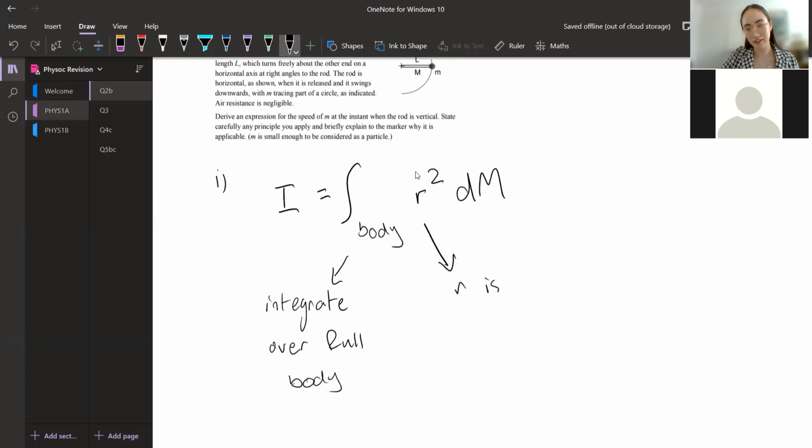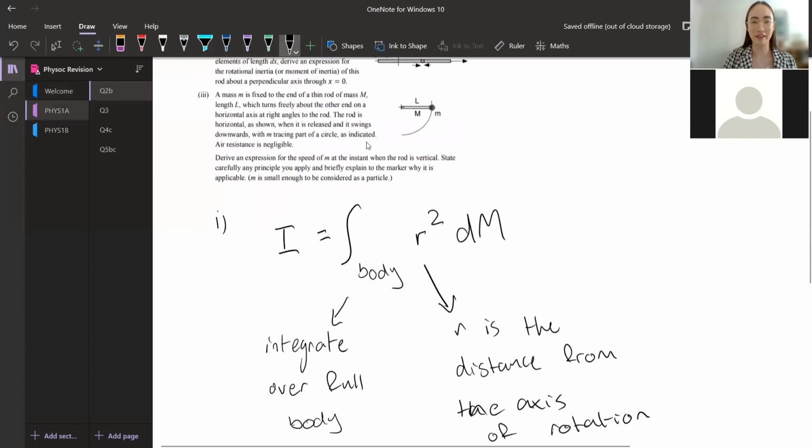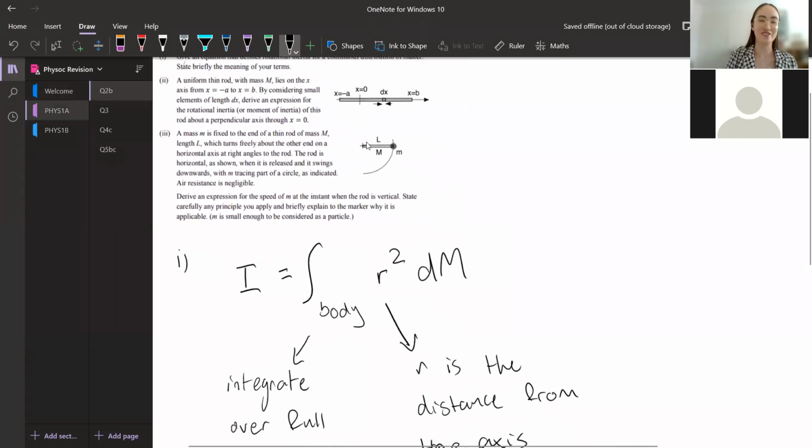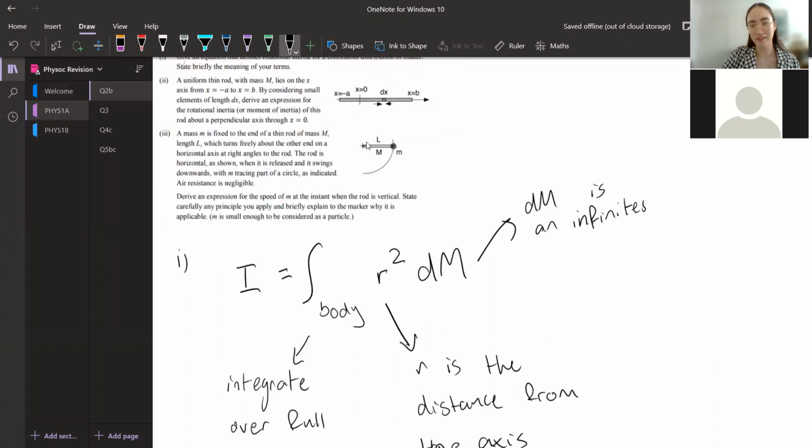R is the distance from the axis of rotation, which is going to become a little bit clearer in the next part of the question, but you guys should know this by now. And then dm is an infinitesimal mass element.